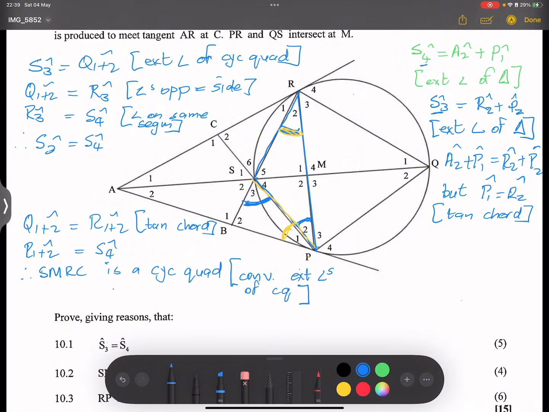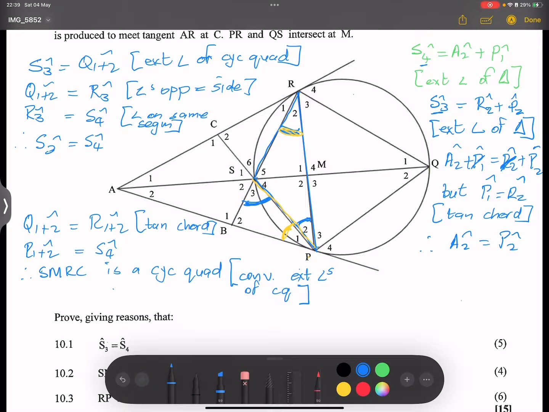Okay, now if you note this, P1 is equal to R2, so therefore, it means that A2 is equal to P2.